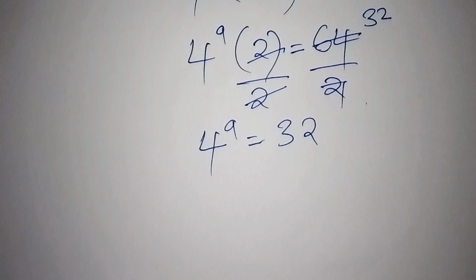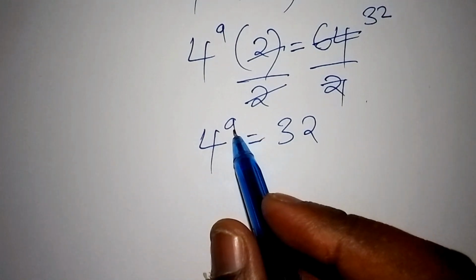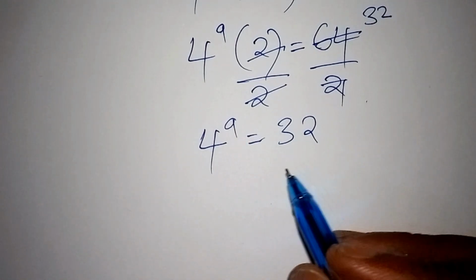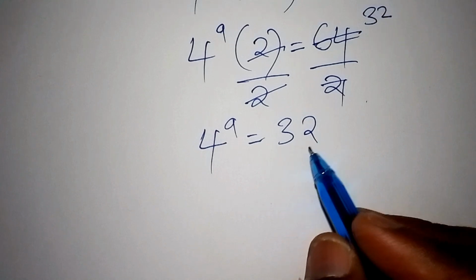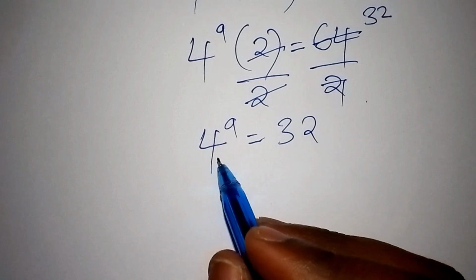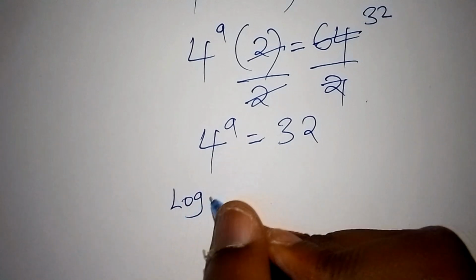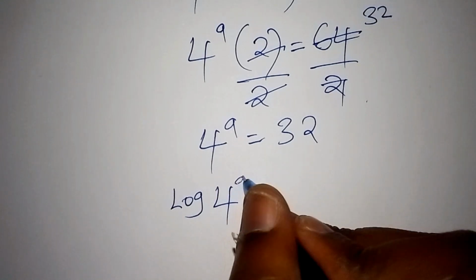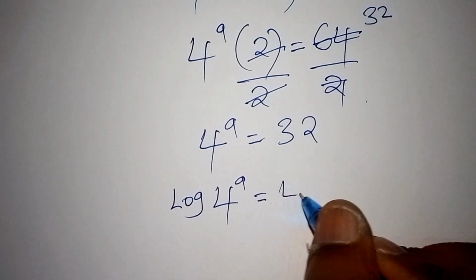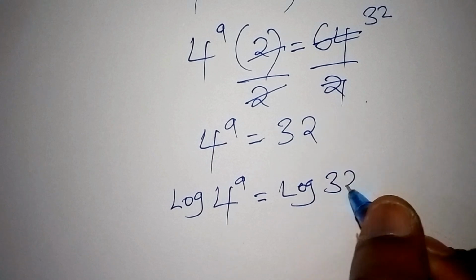Now, as you can see here, 4 is a base, a is an index. It is impossible for us to convert this 32, which is a whole number, to the base of 4. So we need to introduce the log. We shall now introduce the log of 4 to the power of a is equal to the log of 32.